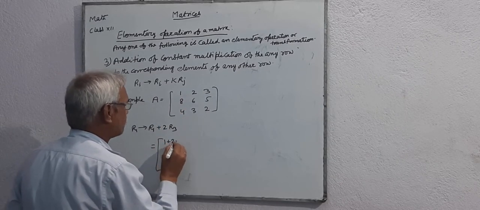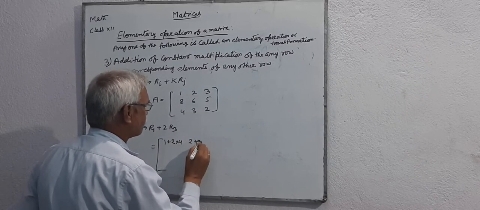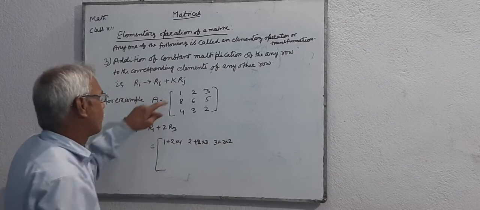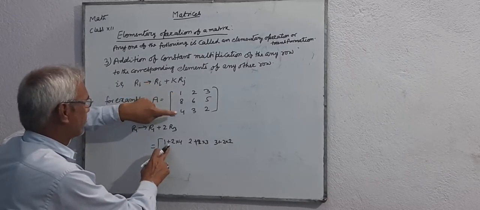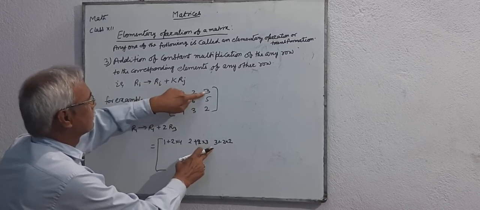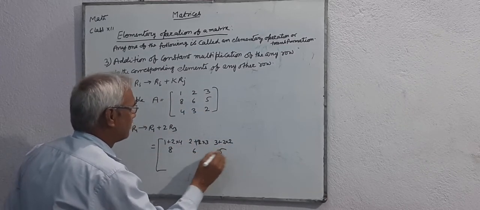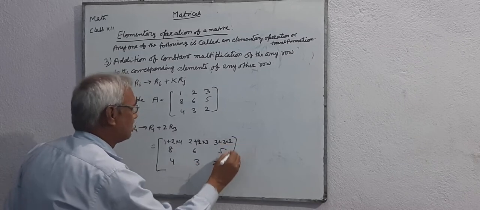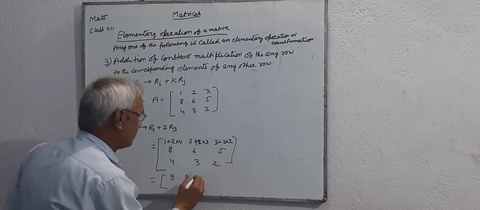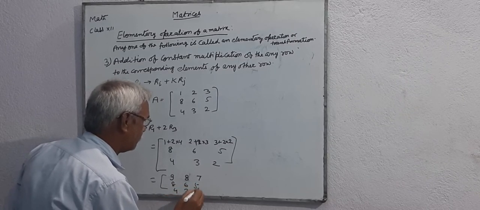1 plus 2 into 4, 2 plus 2 into 3, 3 plus 2 into 2, 8, 6, 5, 4, 3, 2, equal to 9, 8, 7, 8, 6, 5, 4, 3, 2.